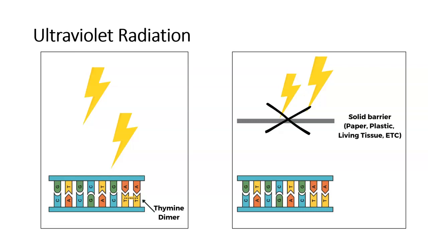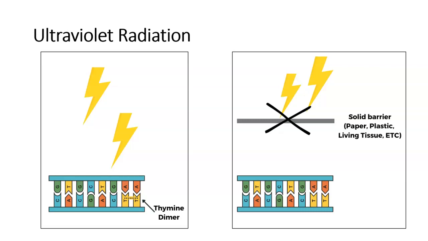This damage, if there's just a little bit of it, can be repaired by the cell's DNA repair enzymes, but if there's too much ultraviolet radiation, that can permanently damage the DNA. It can ultimately lead to cell death, or in the case of our own cells in mammals, we can have damage to our DNA that results in skin cancer, right?